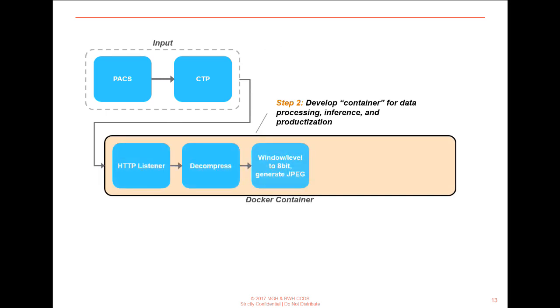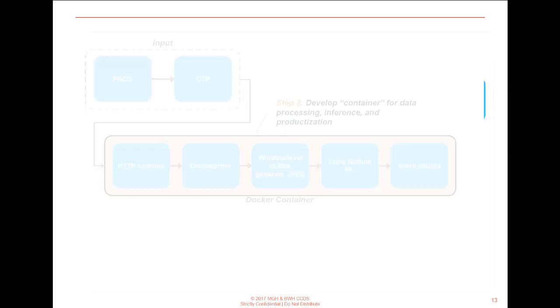The way that we typically use these models is we put them into containers. We call them Docker containers, and we'll embed within those containers a lot of different functions. And you can see right there in box number 4, we have a lung nodule machine learning algorithm, but it's sort of embedded within this workflow that allows you to do all the pre and some post-processing steps.